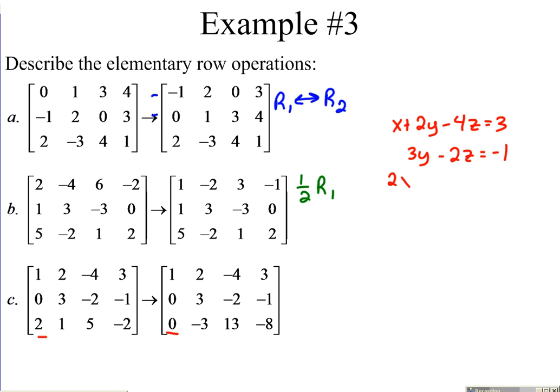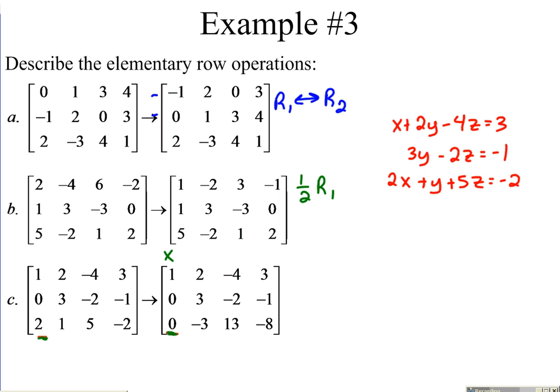And row 3 is 2x plus y plus 5z equals -2. If we look back over here, this 2 entry has turned into a 0. Remember though, this column represents our x's. So essentially what we've done is we have eliminated the x.